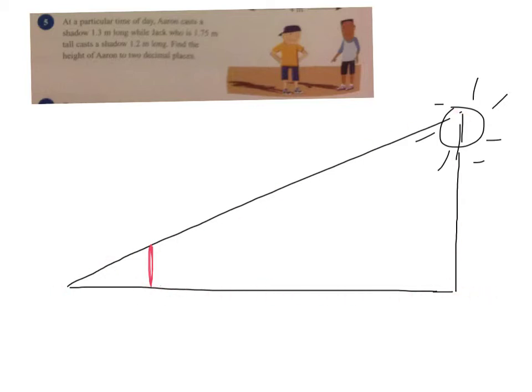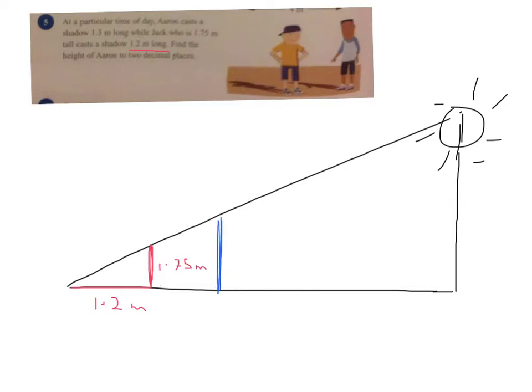So if this is Jack, Jack's 1.75 metres tall. And what was his shadow? His shadow was 1.2 metres long.